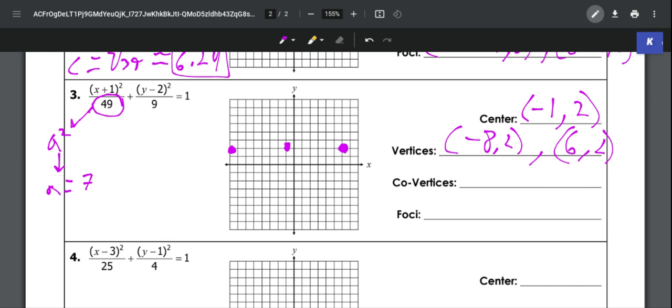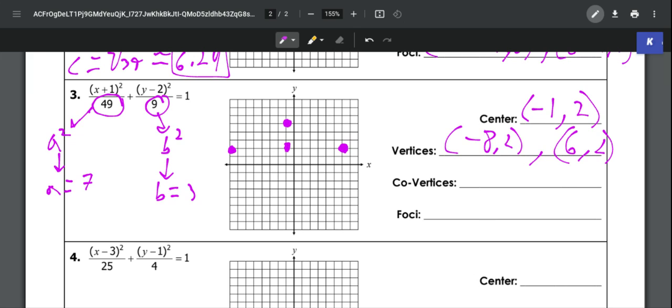Then for our co-vertices, we look at the smaller denominator, and that tells us what b squared is. And if b squared is 9, that means that b is just 3. So then we're going to take those, and since we did our vertices to the right and to the left of the center, for our co-vertices, we're going to go up and down. So we're going to go up 3 units from the center, so 1, 2, 3 right here.